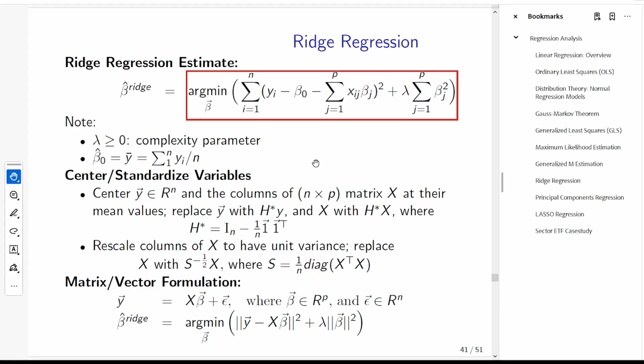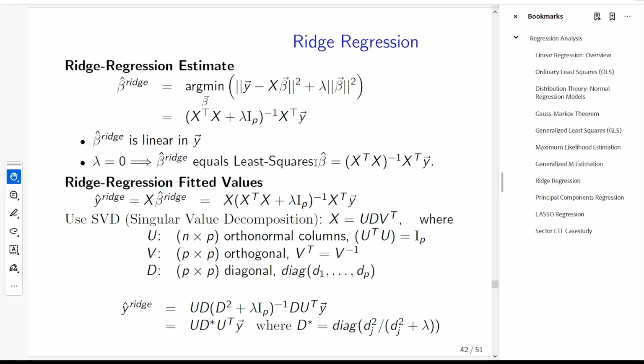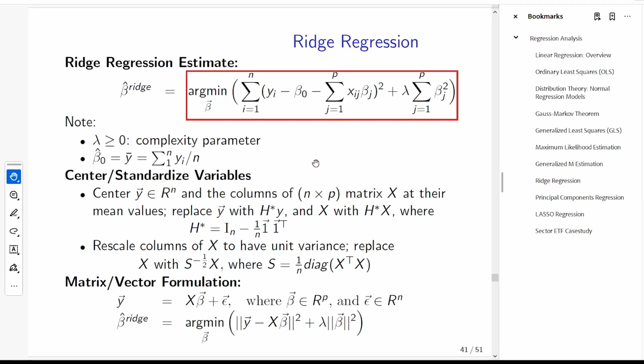And with this ridge regression, the notes go through how we compute these. I want to highlight, though, how this ridge regression is actually related to Bayesian models where we would assume a prior distribution on our regression parameters.